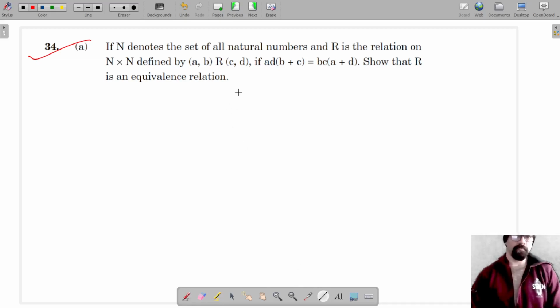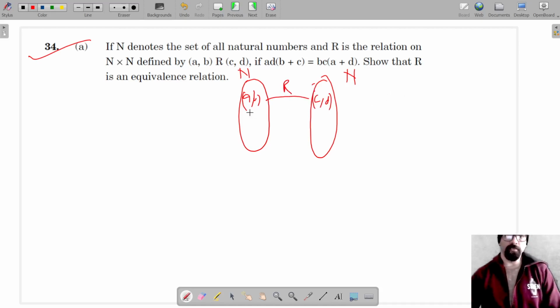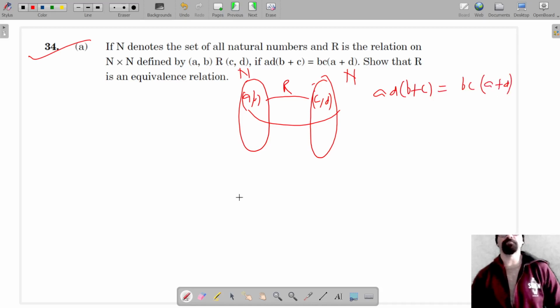So this relation is defined for natural numbers to natural numbers. So this is the domain and this is the codomain. We have the ordered pairs (a, b) and (c, d). Now they are in relation if a into d, and whatever is left, add them, is equal to b into c into a plus d.